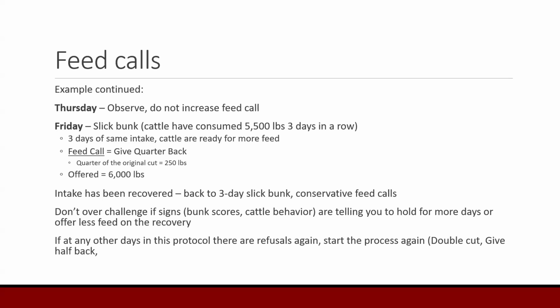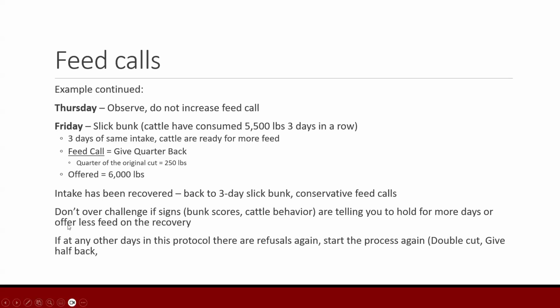Okay. During this time, we don't want to be over challenged, okay? So if signs of bunk scores or cattle behavior or feces consistency are indicating that they're not ready for the bump, even if they're slick, maybe we won't increase it, okay?